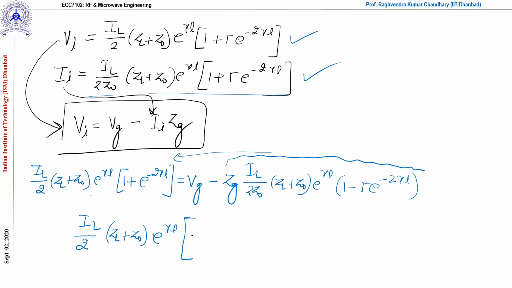So you can manage like this, because e to the power gamma L will be common, and this will be 1 plus gamma e to the power minus 2 gamma L plus Zg over Z naught, 1 minus gamma e to the power minus 2 gamma L is equal to Vg. Fine. I believe this is quite acceptable. Fine.